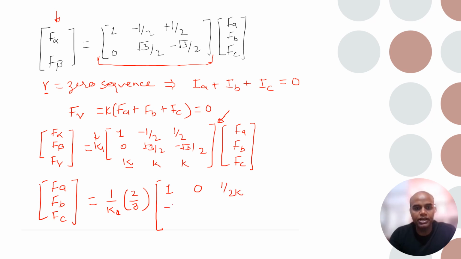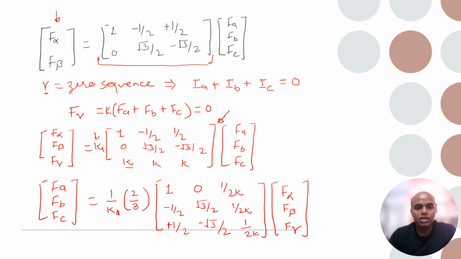Similarly, minus 1 by 2, root 3 by 2, and 1 by 2K. And then minus 1 by 2, minus root 3 by 2, and 1 by 2K, multiplied by F alpha, F beta, and F gamma.